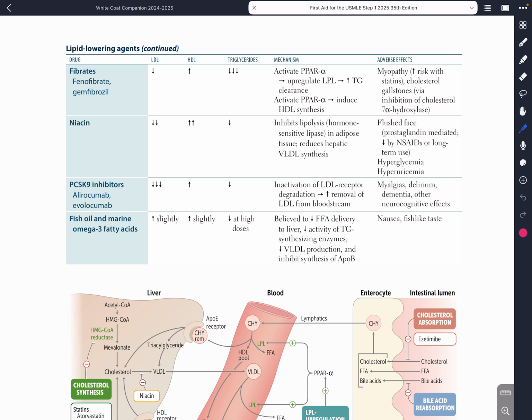It also decreases the activity of triglyceride synthesizing enzymes, decreases VLDL production, and inhibits synthesis of ApoB lipoprotein. The adverse effects of fish oil are nausea and a fish-like taste. So again, LDL and HDL are slightly increased, and triglycerides are slightly decreased.